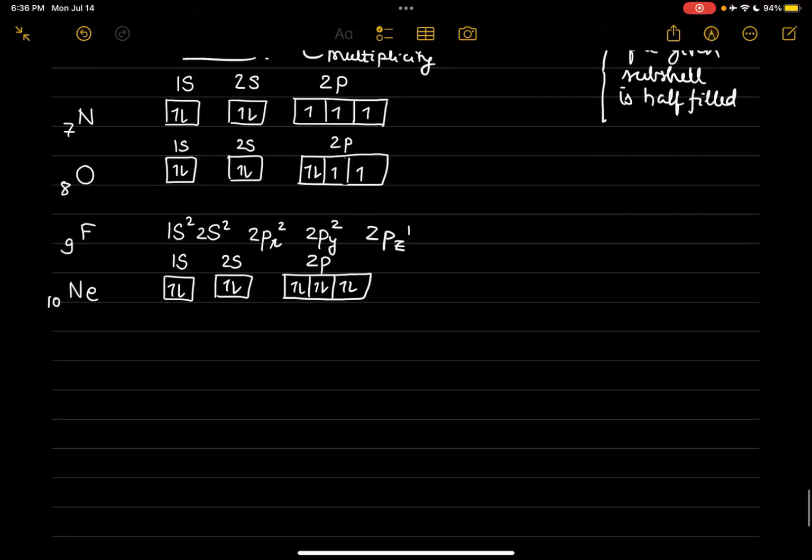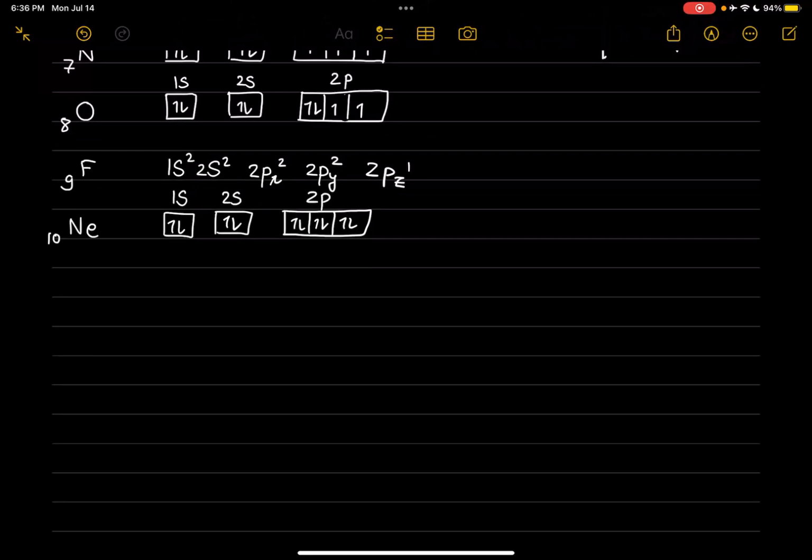So as you can see, I can quickly recap. If there is the nth shell, how many electrons can it have? It can hold a maximum of 2n squared electrons. You can verify it now itself. The second shell will have how many electrons?